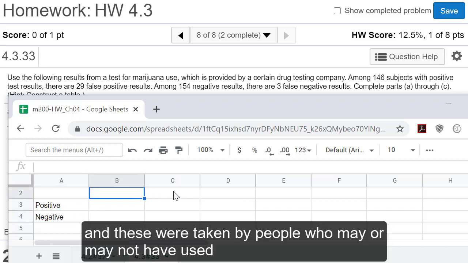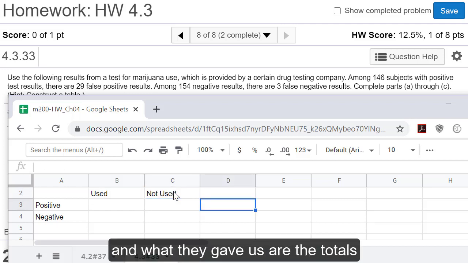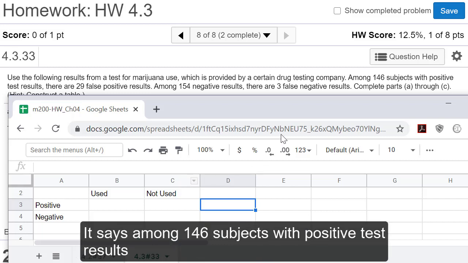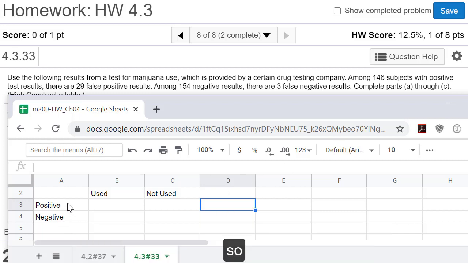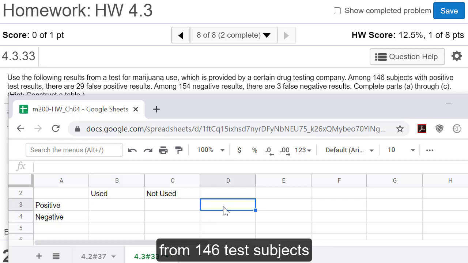And these were taken by people who may or may not have used marijuana. And what they gave us are the totals. It says among 146 subjects with positive test results. So we have positive test results from 146 test subjects.